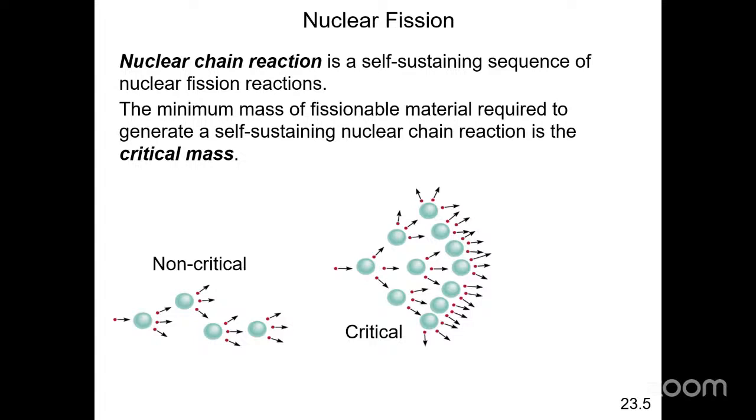So therefore, you need what is called a critical mass of uranium-235, which is the minimum mass that allows the nuclear reactions to continue and produce energy, right? If the mass of the uranium-235 is less than the critical mass, then eventually the reaction is going to stop and therefore not be sustained, all right?